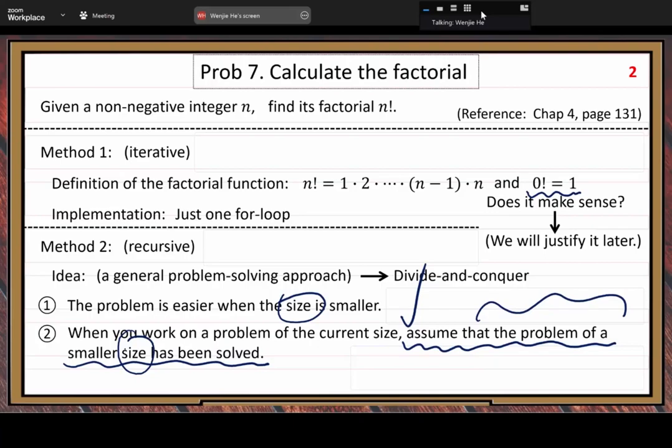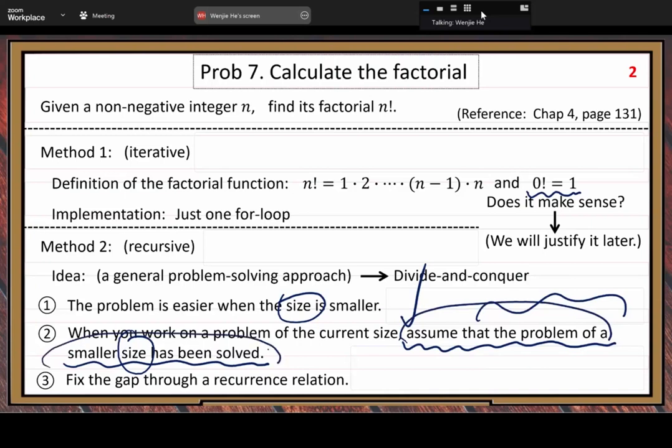Then step 3. Because you have a known solution with smaller problem sizes, you want to move to the problem of the current, larger size.